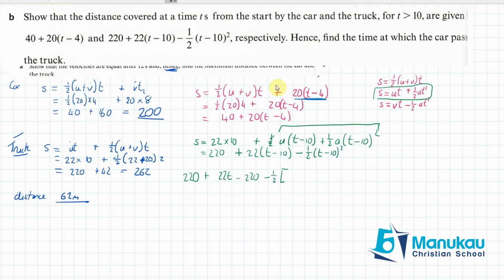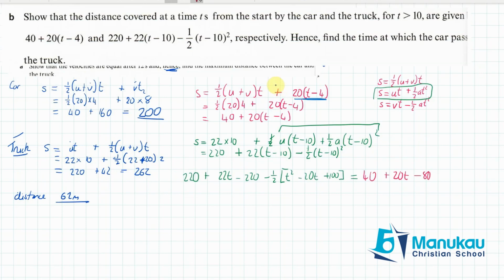I'm expanding my brackets, t squared minus 20t plus 100 equals, and on the other side I'm going to do my pink one, which is 40 plus 20t, I'm just expanding those brackets, minus 80.